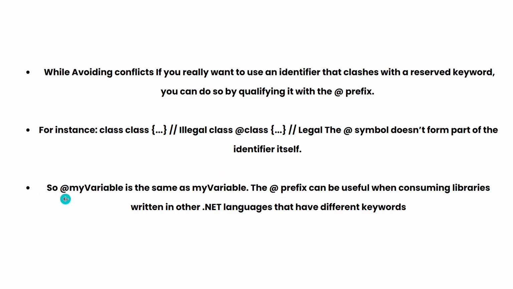So here you can see, for example, @myVariable is the same as myVariable. The @ prefix can be useful while consuming libraries written in other .NET languages that have different keywords. So by doing this, you can use a keyword as an identifier.